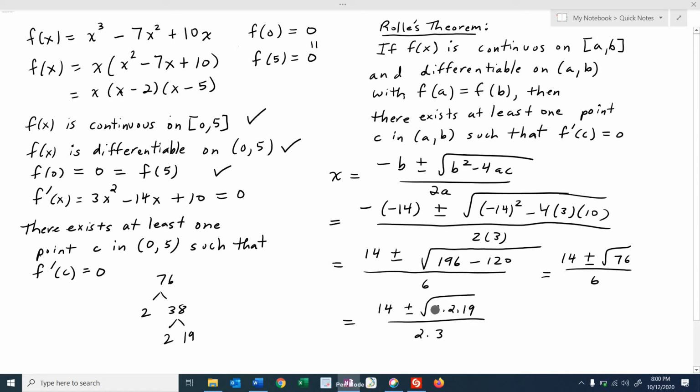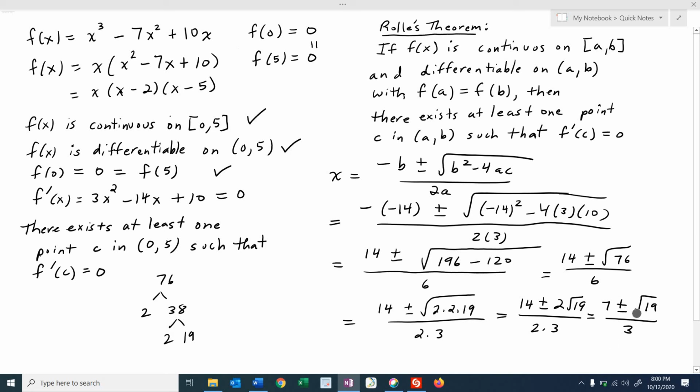Let's go ahead and factor the 6, because what's going to happen is, of course, this is going to give you 2 square roots of 19. And then this 2 is going to cancel with the 14 and leave you with a 7. It's also going to cancel with this 2 and leave you with square root of 19. And then, of course, the 3 is going to be left on the bottom.